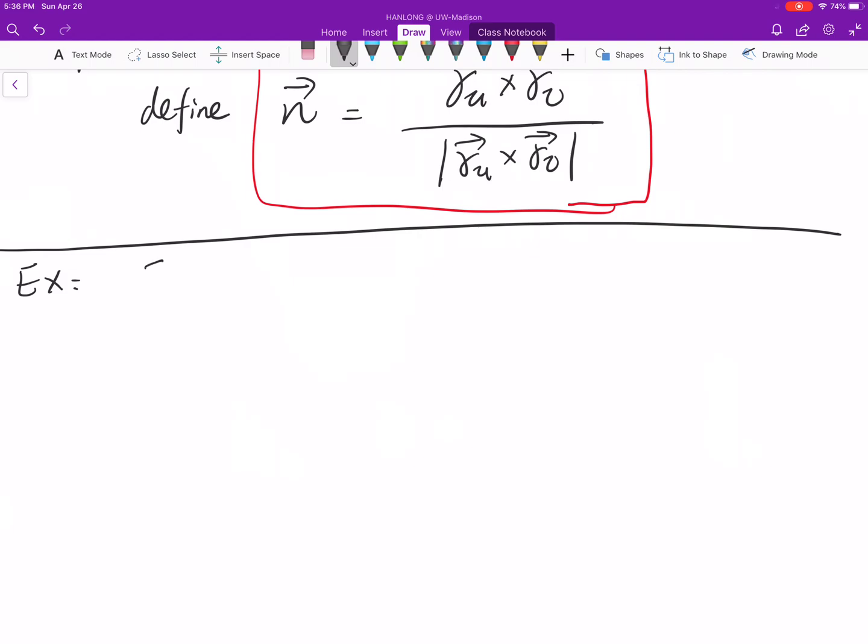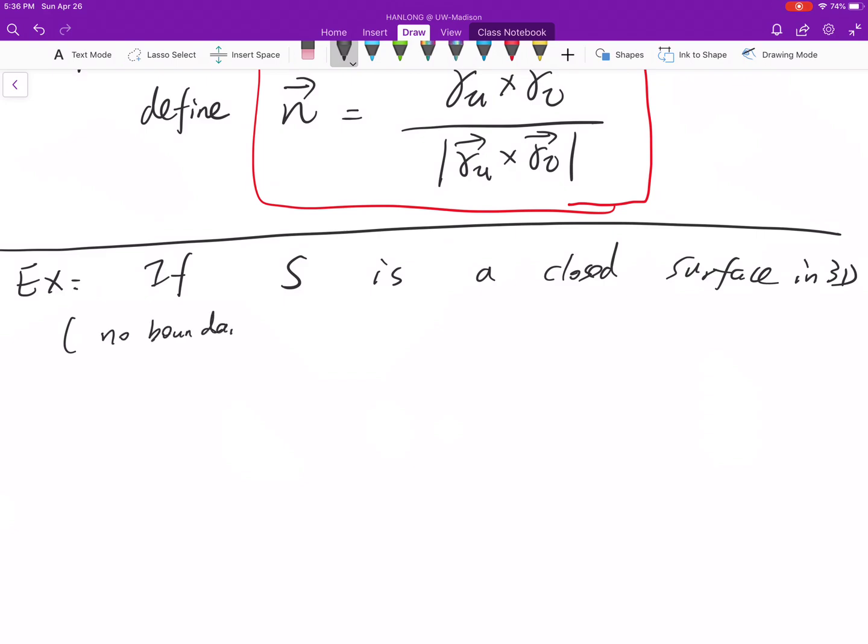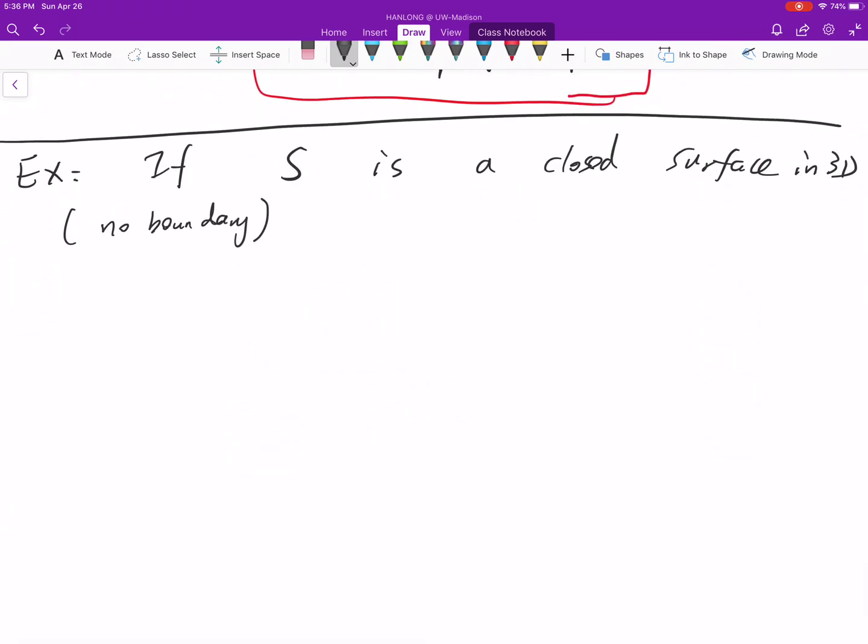Okay, next case, suppose S is a closed surface in 3D. That means there's no boundary. You do have a lot of examples of that. For example, you can take a sphere, some deformation of the surface of the sphere.